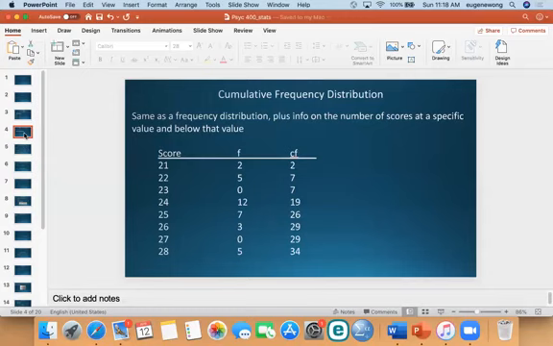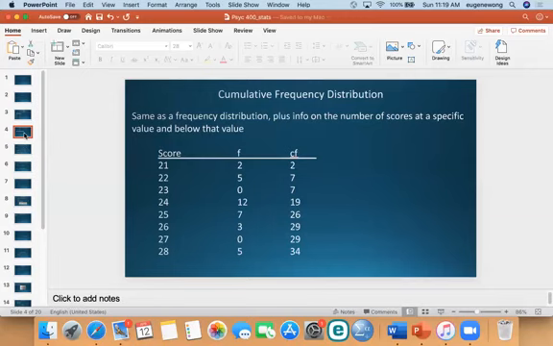If I say, what score is about the halfway point? Well, if there's 34 scores, half of that would be 17. So the score that is about halfway through the scores is about a 23, 24, right?